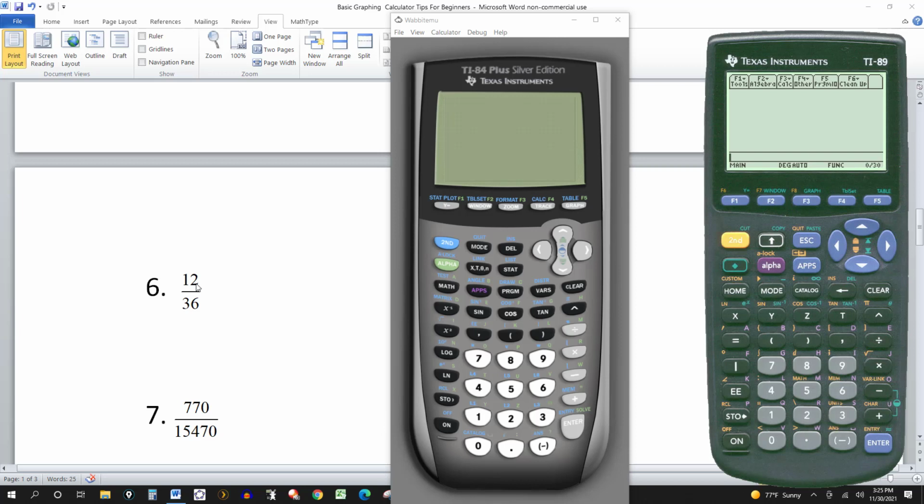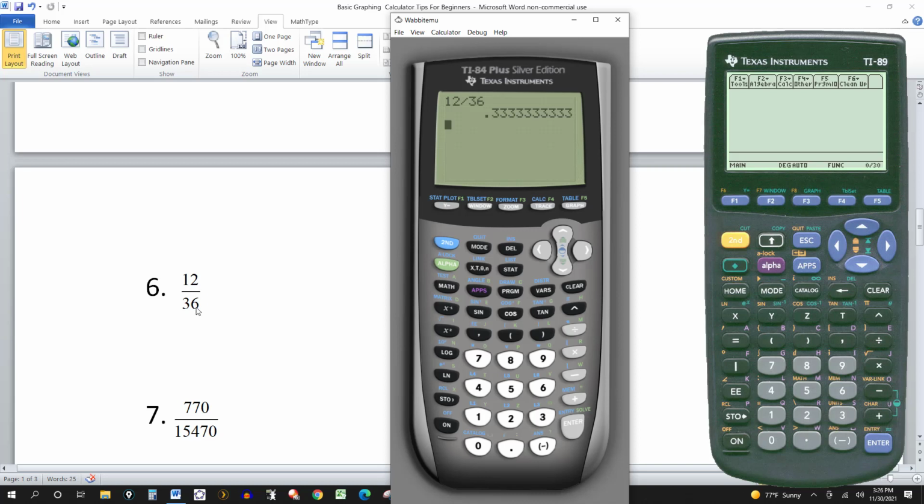Okay, let's suppose you wanted to simplify 12 over 36. On this calculator, the TI-84, I go 12 divided by 36. It gives me a decimal. But let's suppose I want just a reduced fraction. Here the numbers are small, so you can see that 12 will divide into 36 3 times.